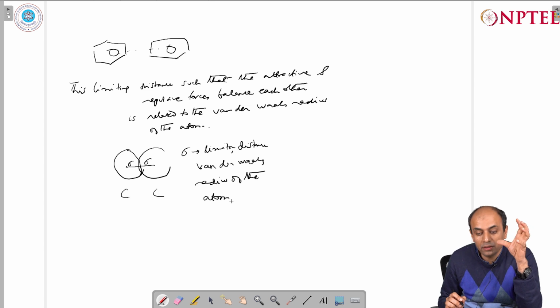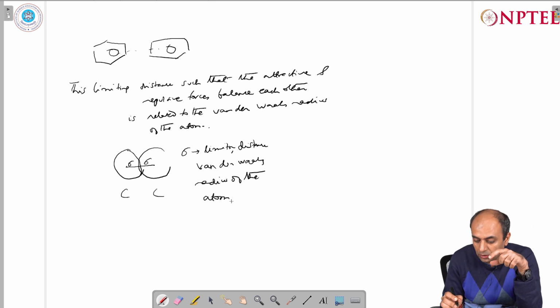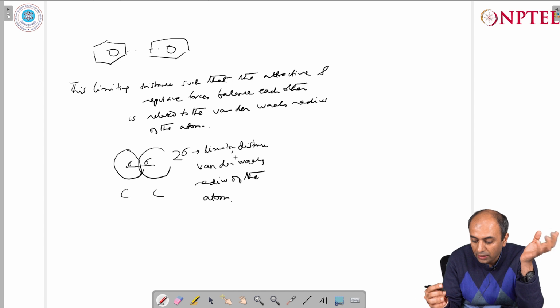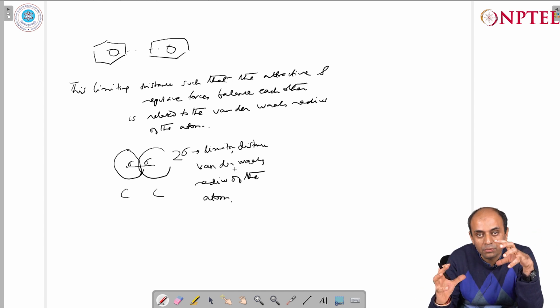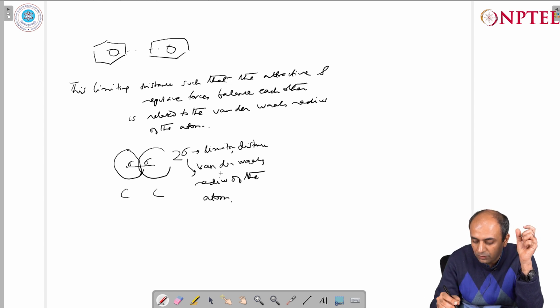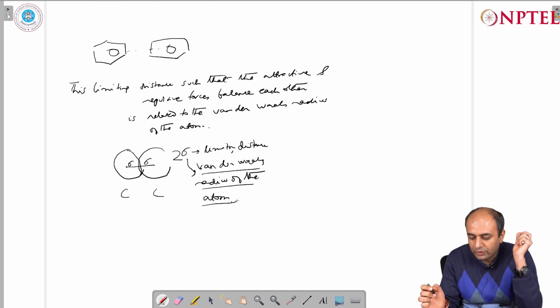So twice sigma is now the limiting distance. Beyond this they cannot approach each other, there will be strong repulsive forces operational. So twice sigma is the limiting distance when both the atoms are in a comfortable position, and sigma is referred to as the van der Waals radius of the atom of interest.